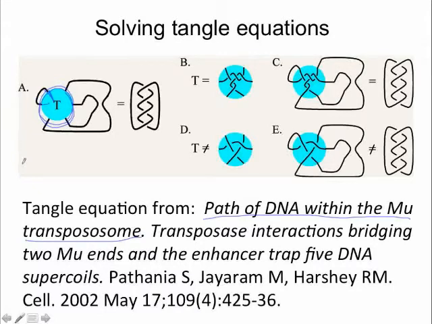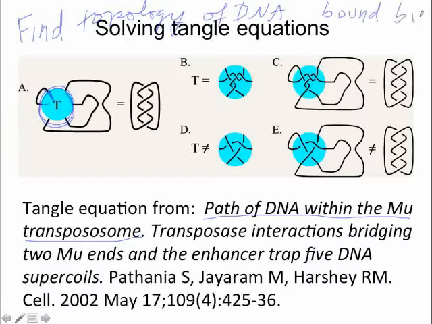Once we know the topology, we can apply DNA energetics to get a more realistic three-dimensional model. But first, we need to know the topology. So the thing is, we want to find the topology of the DNA bound by protein.